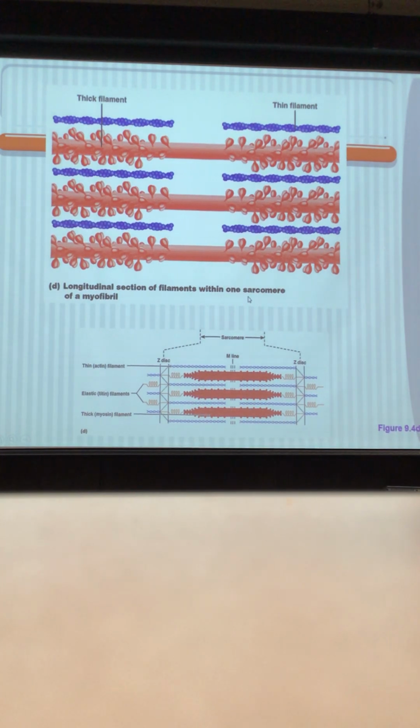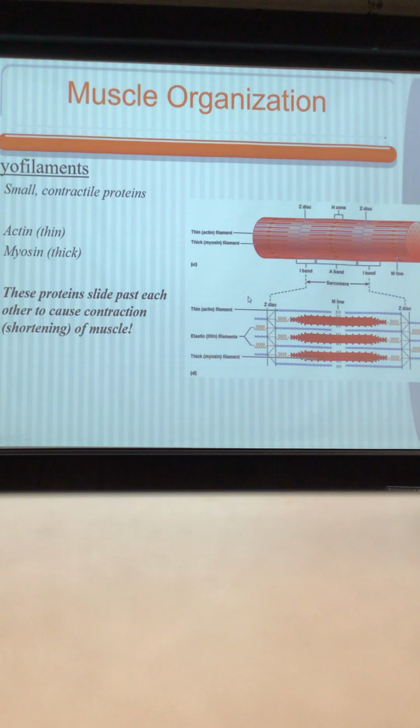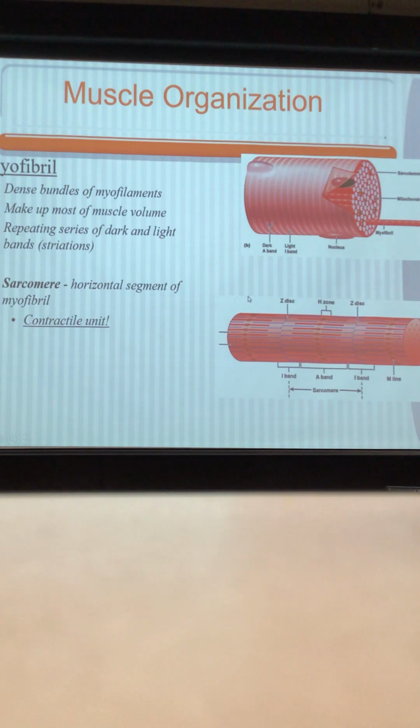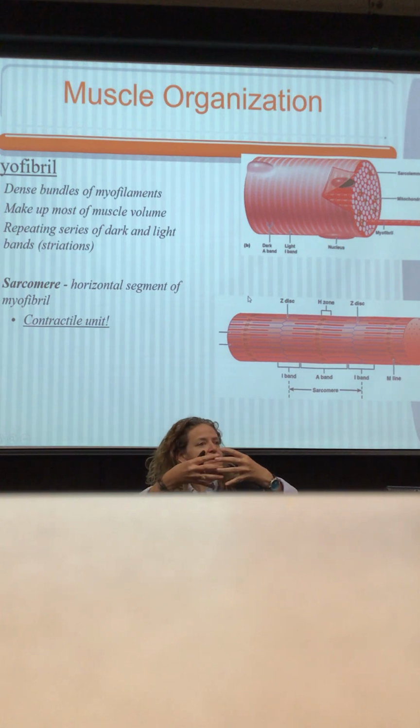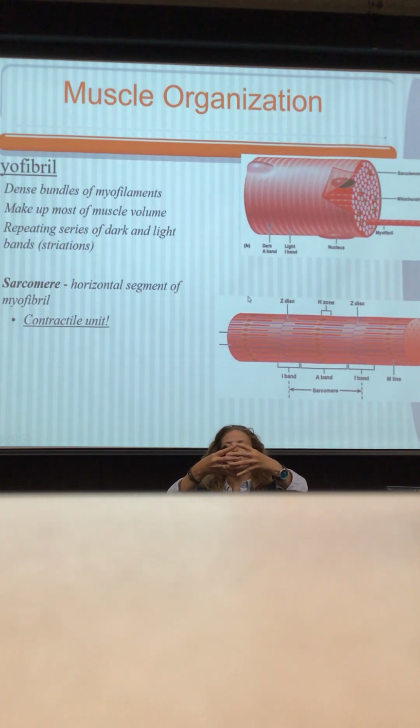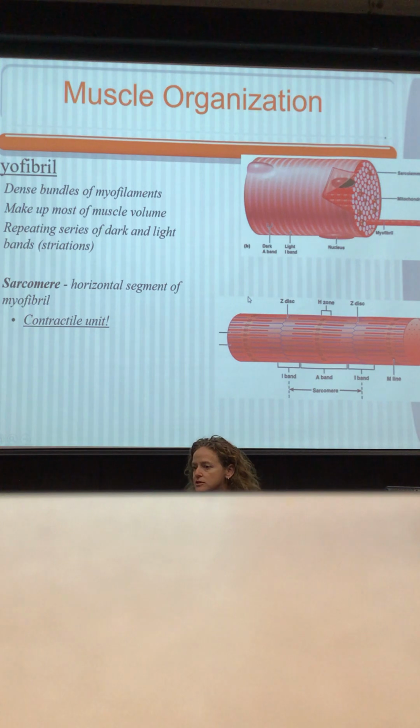These are both pictures of the same thing, pretty much. So these actin and myosin are arranged in these horizontal units called sarcomeres.